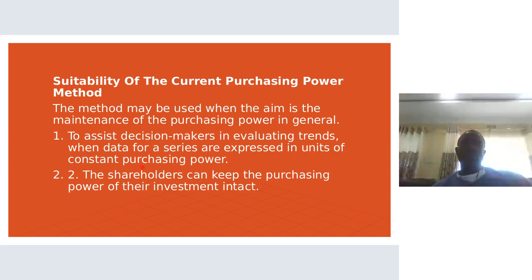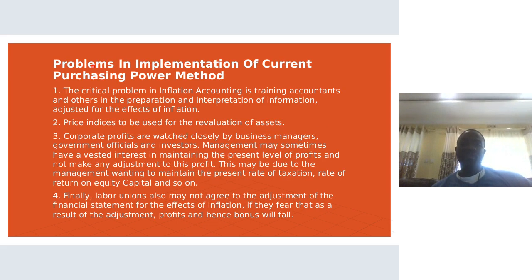Number one is that this method can assist decision makers in evaluating trends for a series of expressed units of constant purchasing power. The other advantage is that the shareholders keep purchasing power of their investments intact. So those are some of the advantages of the current purchasing power.